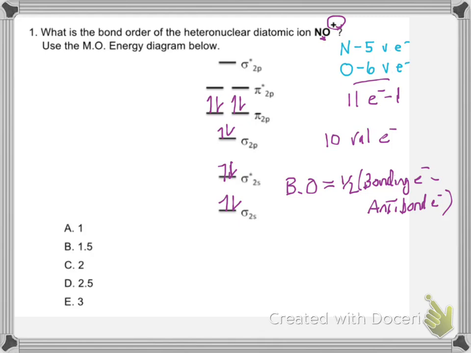So then we count all the bonding electrons, which in this case, are any ones without the asterisks. So the bond order is going to equal 1/2 of 8 minus, and then the ones with the asterisk are going to be our antibonding orbitals, 2. So this will end up equaling 3 as our answer.